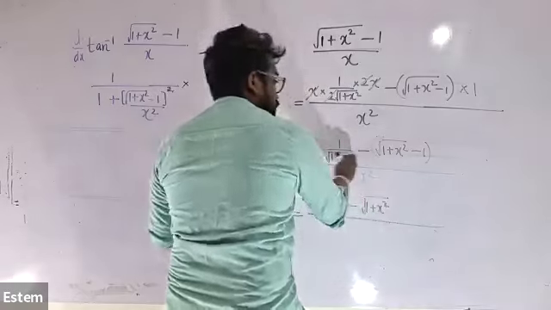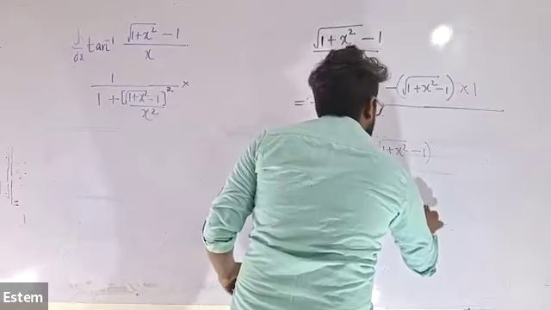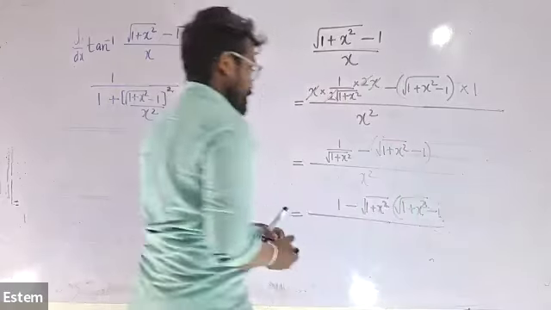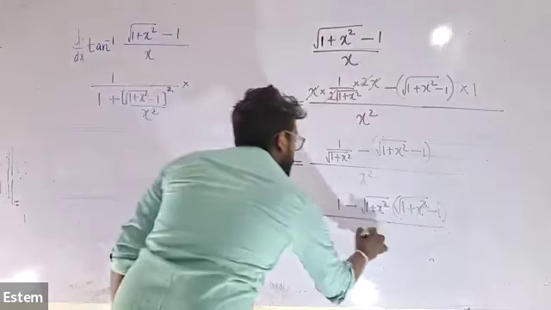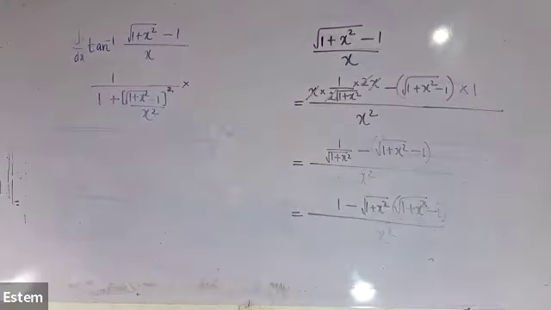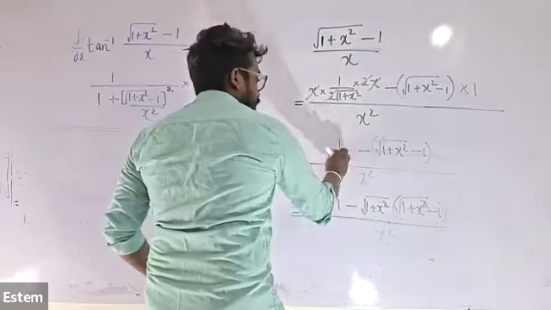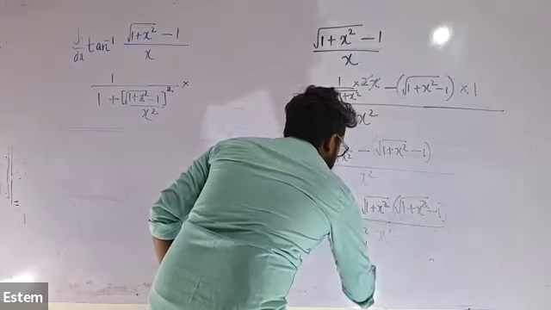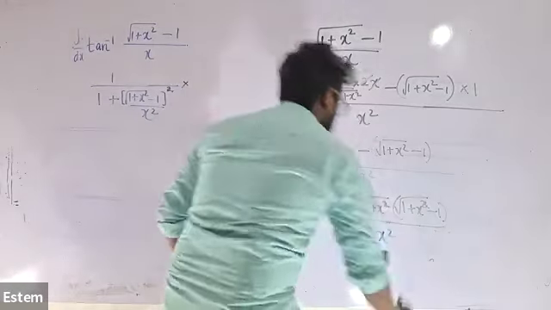I will get a common denominator here: the square root of 1 plus x squared minus 1. So there is x squared and there is this common denominator. This 1 minus this, and there is the square root of 1 plus x squared. So this is x squared.